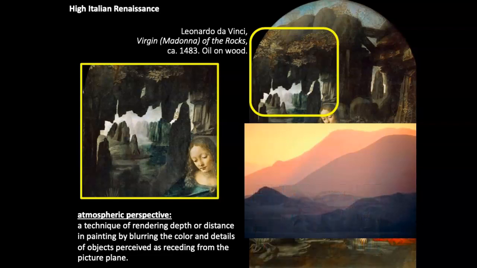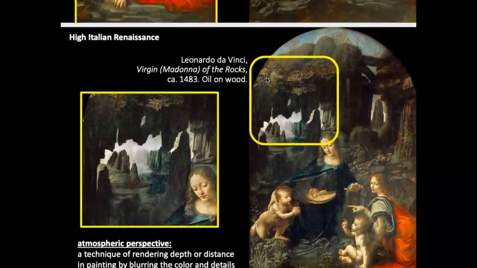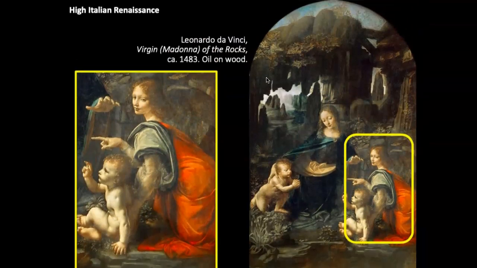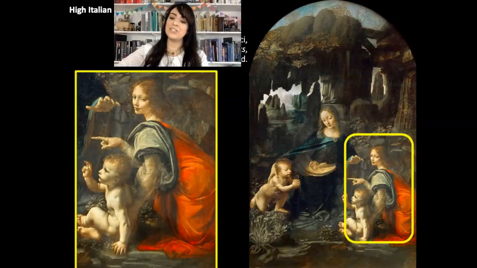Another characteristic of the Renaissance that we see in the work is, I'm giving you this as a clue, highlights, midtones, shadows. The figures are all modeled with a clear balance of highlights, midtones, and shadows.